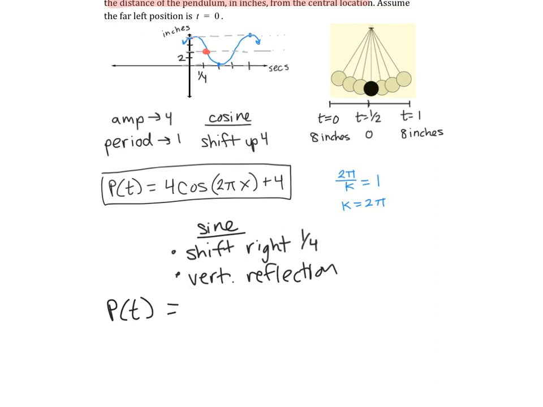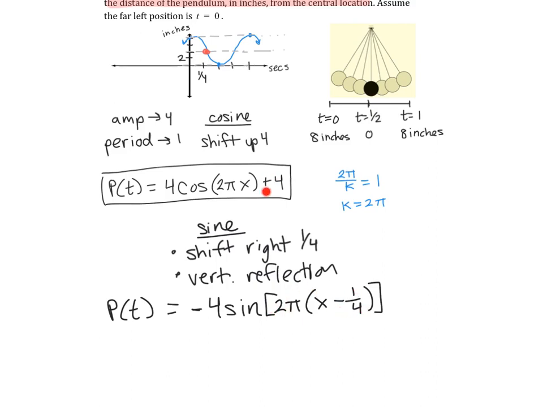So again, we'll do negative for the reflection, 4 for the amplitude, and again, this is if we decided to use sine. We still need to change the period, and we would do that with a 2 pi right there, and then I'm going to do an extra parenthesis, and then we're going to do x minus 1/4. So remember, the shift and the shrink need to be separate, and you can actually leave it like this. You don't need to distribute it, although you can if you want to.